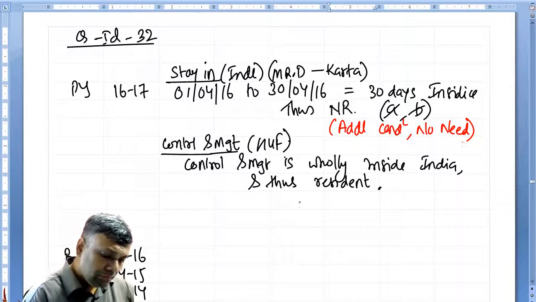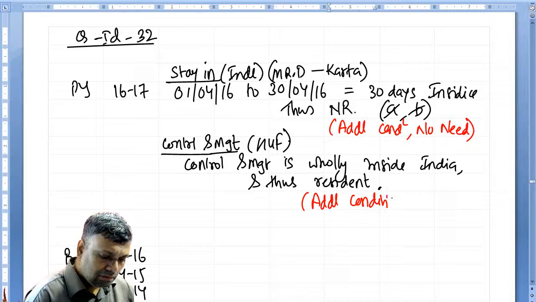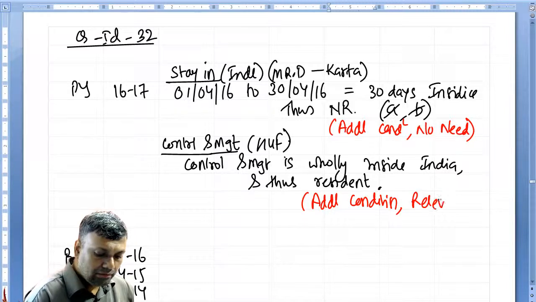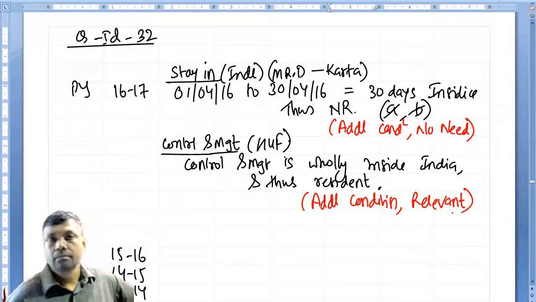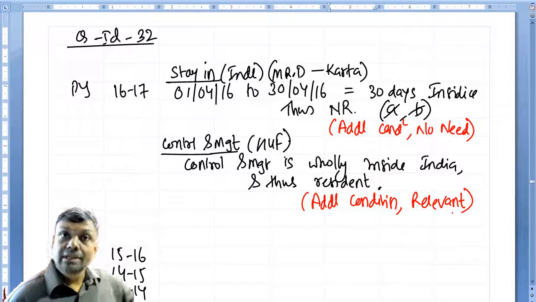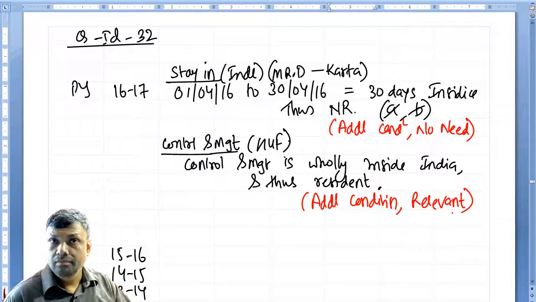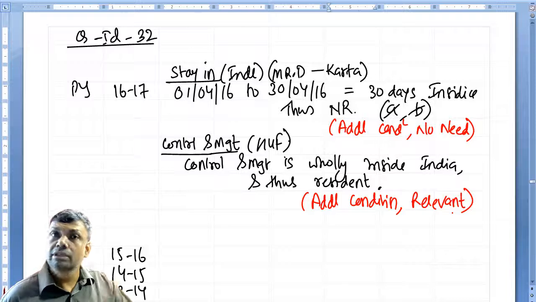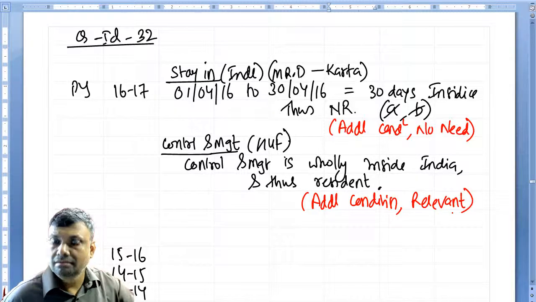But in case of HUF, additional conditions are relevant. Because HUF is a resident. But additional conditions is always with respect to Mr. D, Karta.